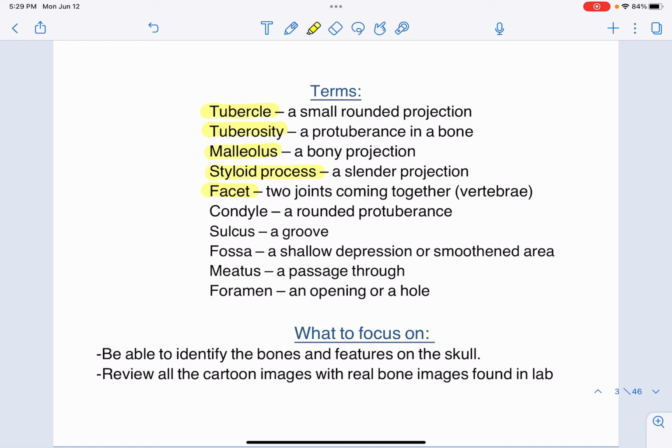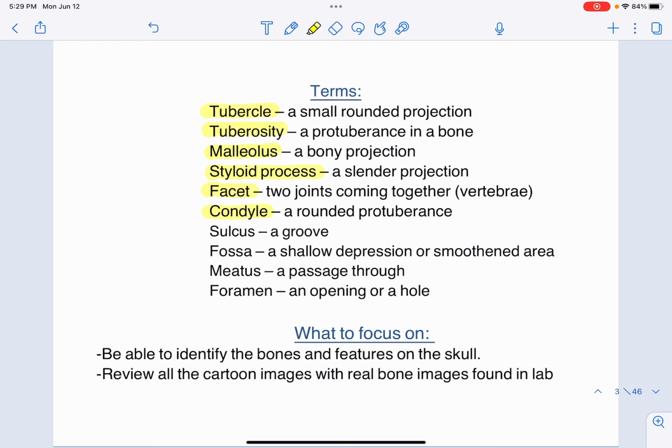There's also going to be a couple of facets on the skull. You're going to see this on the vertebrae as well, because the bones stack on top of each other, and the area where they meet is called a facet. A condyle is a rounded protuberance.